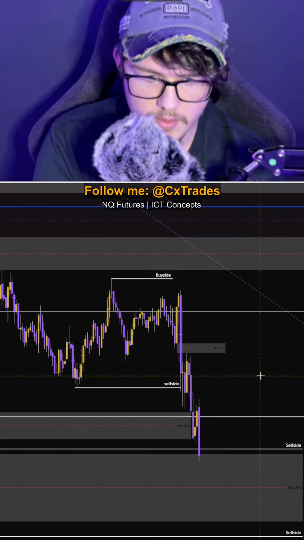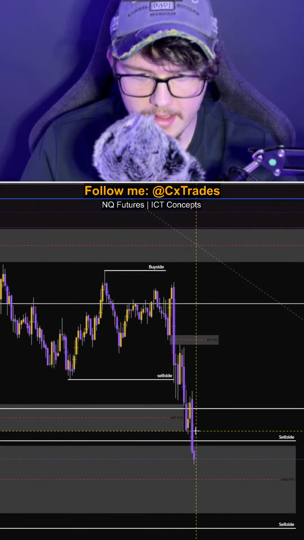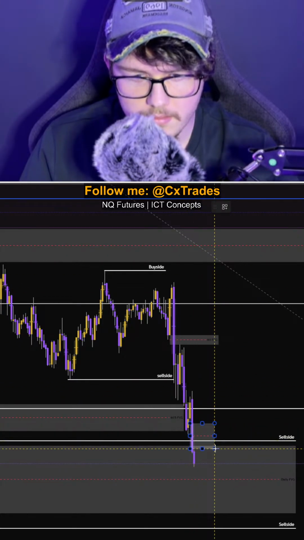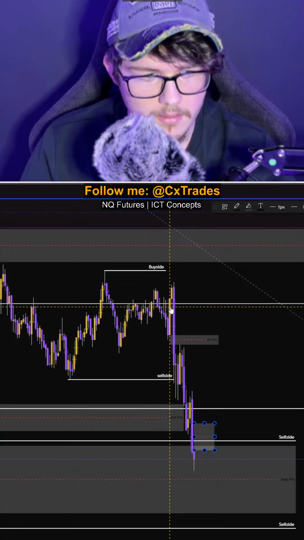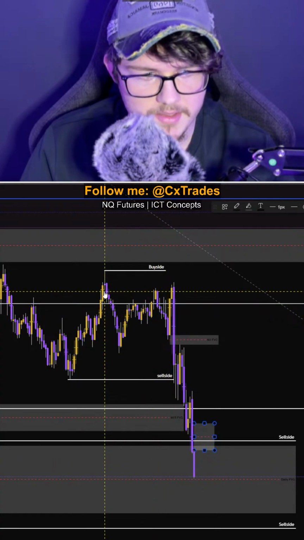Okay, so there's the sweep into the daily gap. Ideally, we leave a gap here and then we inverse. There's a mini SMT here.